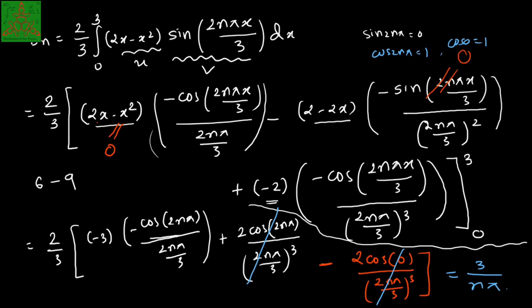And if you substitute now this value of a and dn in your function, then your function f of x, which is 2x minus x square in the interval 0 to 3, can be represented as a0 by 2, which is 0, plus summation n running from 1 to infinity an.